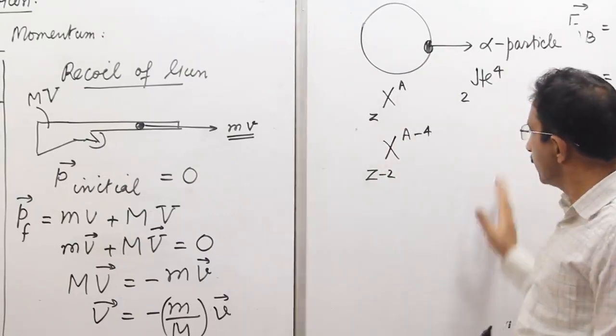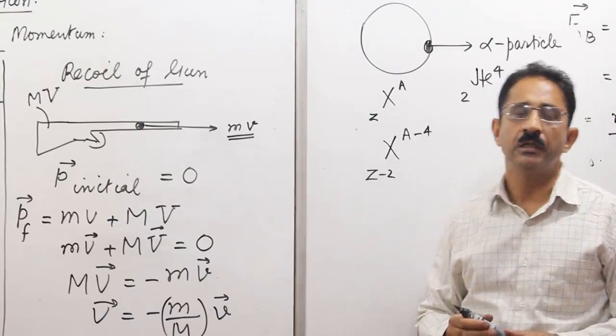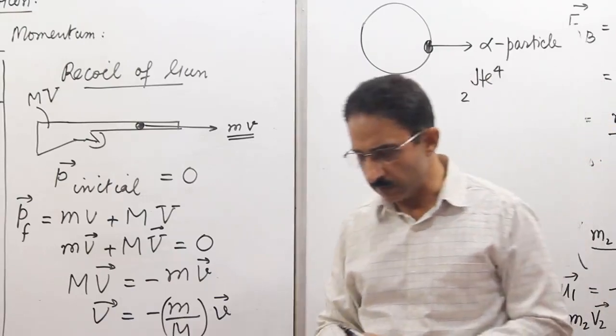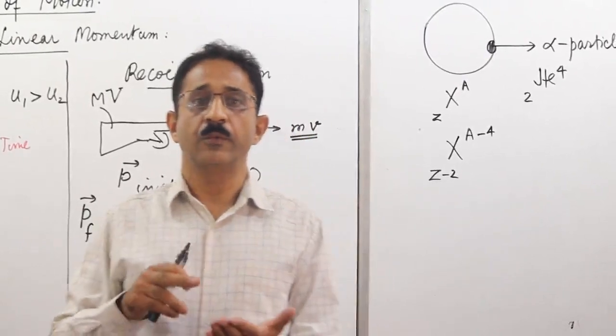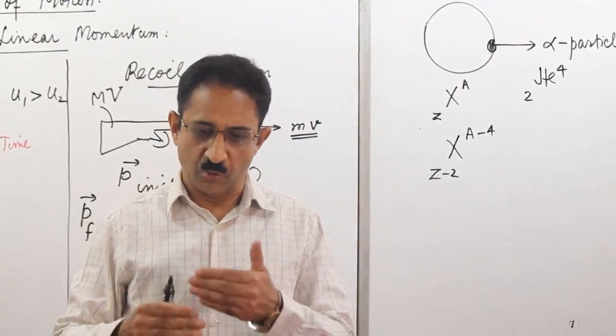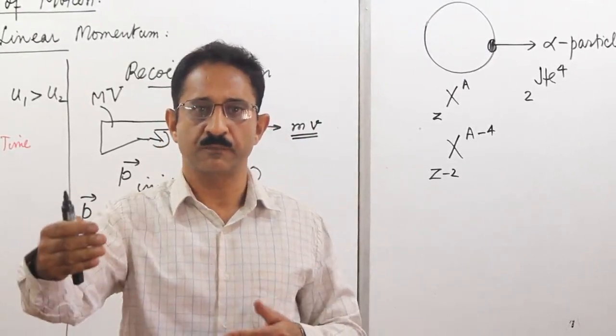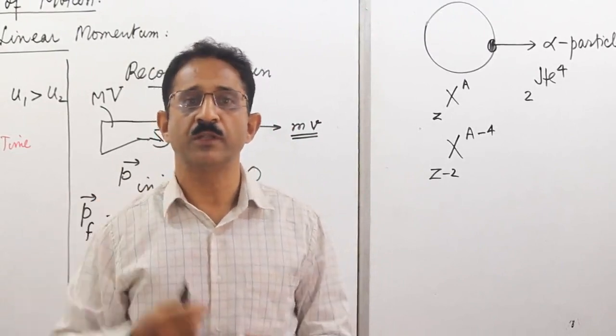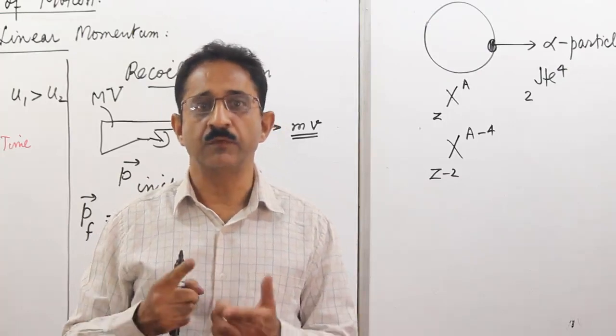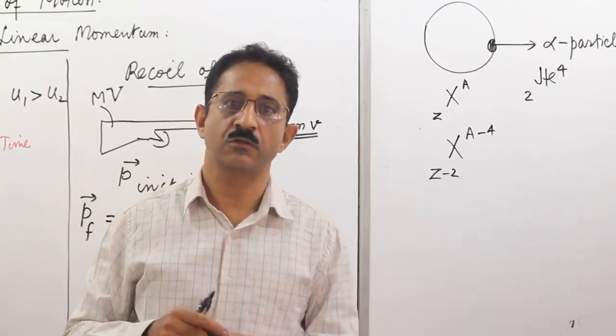And all these types of examples illustrate, as we stated earlier, that there is always a possibility that we can shift motion from one system to another system. We can transfer motion from one system to another, but we can neither create motion nor destroy motion.